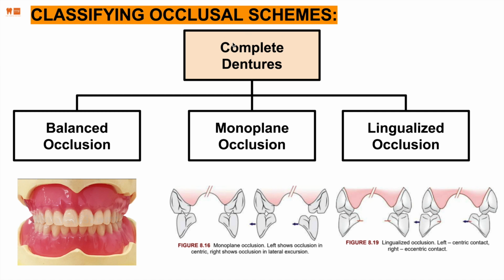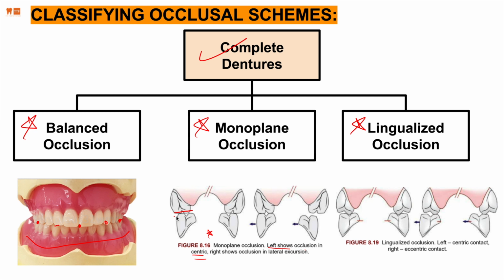Classifying occlusal schemes. In complete dentures, there could be 3 types of occlusions: balanced occlusion, monoplane, lingualized. Balanced is when all teeth are in contact at the same time to have even distribution among the ridge. However, monoplane occlusion is when, for example, the left here and right here show occlusion in centric relation.